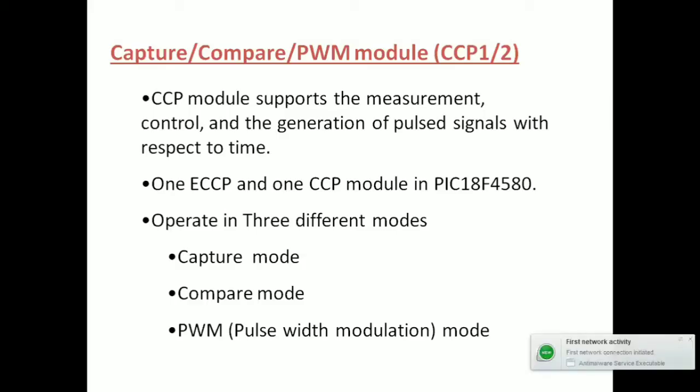When it is used in the compare mode, you can generate timing signals that can be used to synchronize external hardware devices, or generate timing signals for the external circuits in the system. And in PWM mode of operation, you can use this CCP module to generate PWM signals.